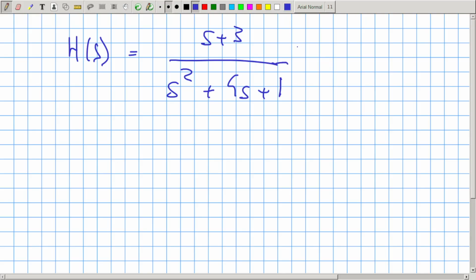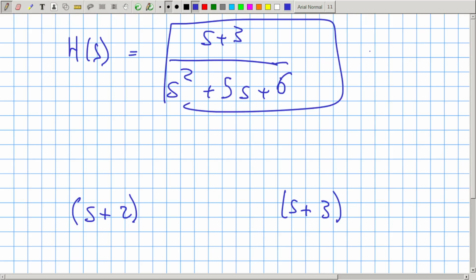Let's see which numbers I get. Let me think of some numbers that are nice for which I can get it. I write it in this way: s plus 2, s plus 3. So it should be s squared plus 5s plus 6. Okay? So let's assume that I've got this one from the ARMA.